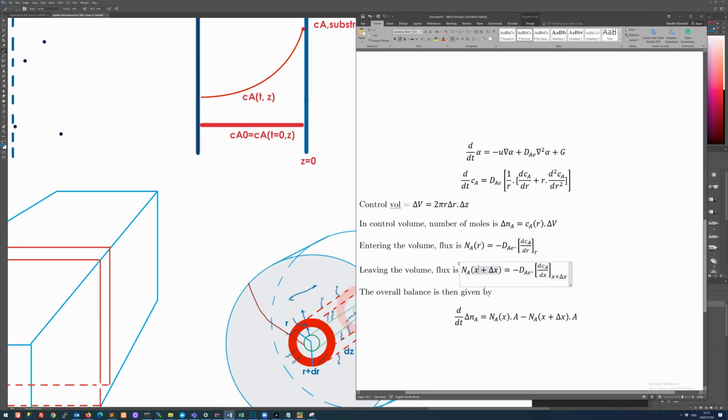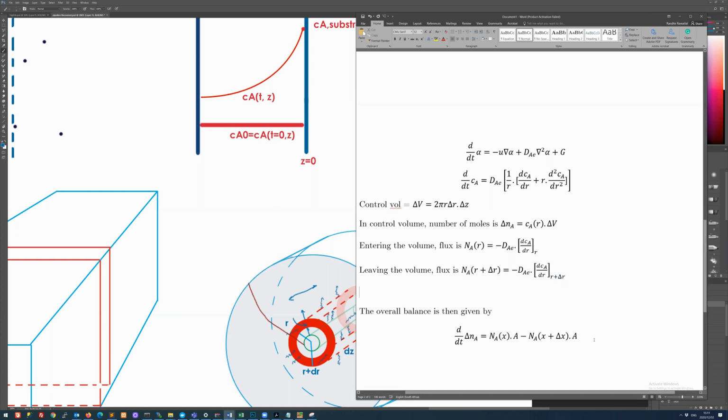And then the diffusion flux out of the volume is at R plus delta R.